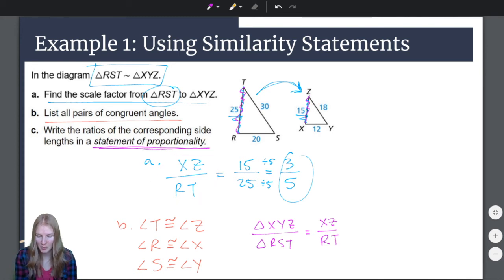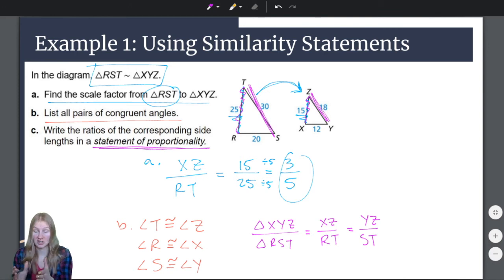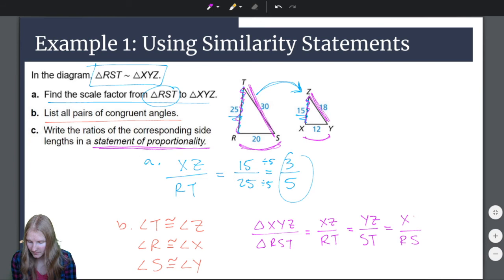We already know that they're proportional. Then we're going to pick another side. How about ST and YZ? Make sure that you stay consistent. If triangle RST is on the bottom, all of the sides for triangle RST need to be on the bottom. And lastly, the last side is RS and XY.